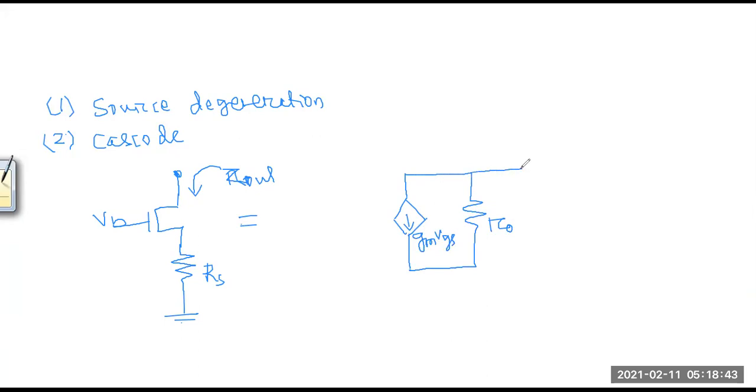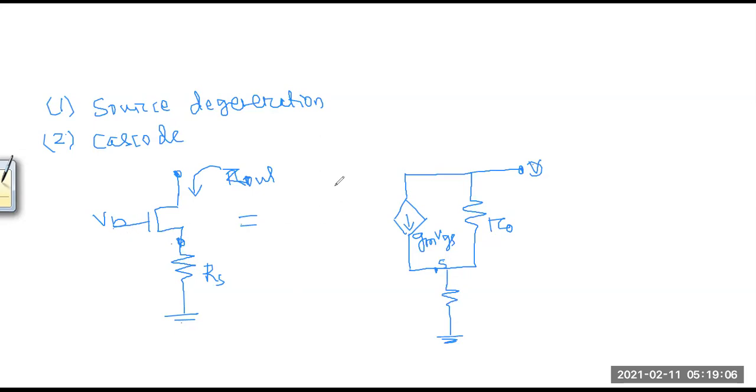Next, this is your drain point. Here, see, this is your source point, and this is ground. Suppose this is VB. For small signal analysis, this will be ground, since it is a fixed DC voltage.